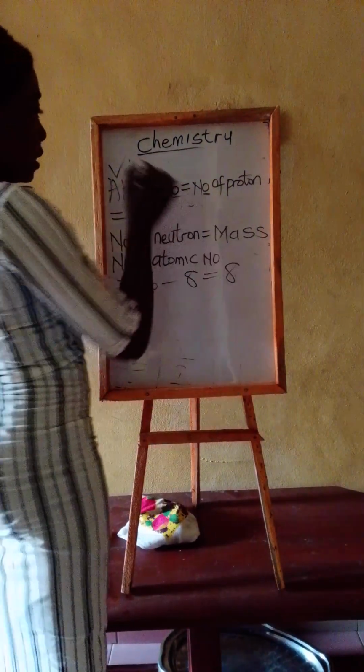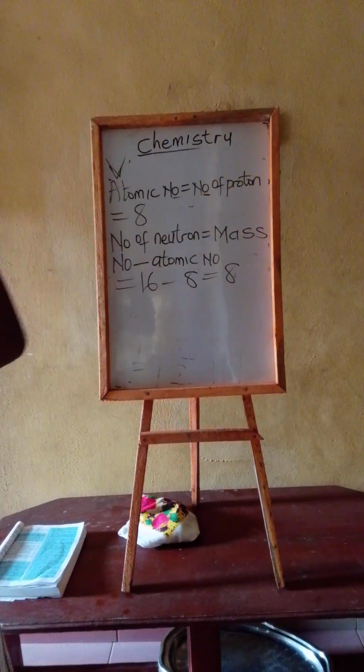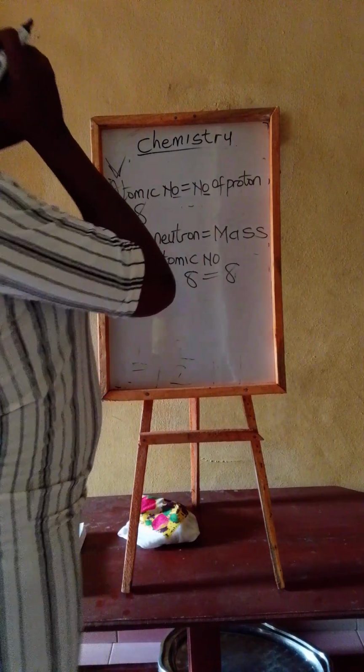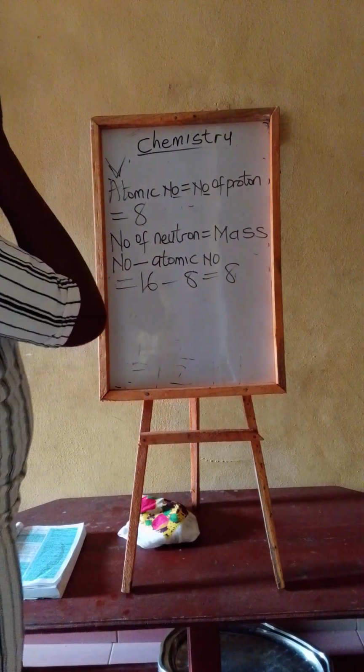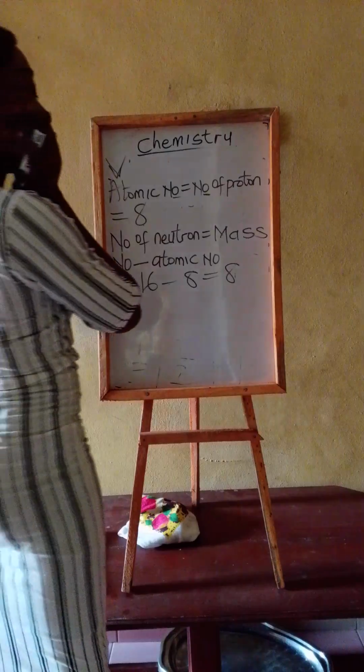Now if you look at this V, the V is not charged. What do I mean by charge? It means it is not an ion. So when do we have an ion?